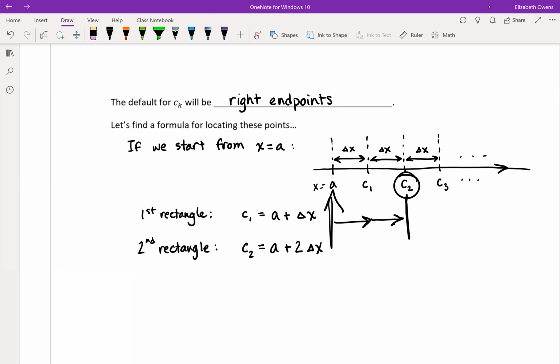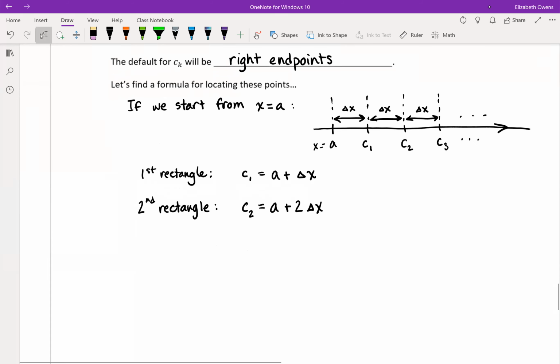All right. So far, so good, hopefully. Let's do one more here just so you guys can really spot the pattern. Let's check out our third rectangle. That right endpoint would be C3 right here. And if you can spot the pattern, go ahead and write the formula down right now for C3.